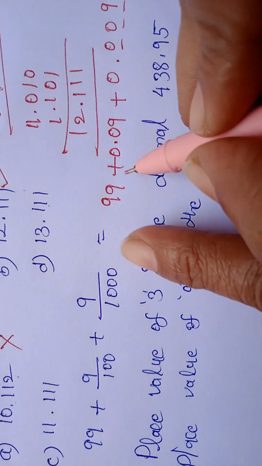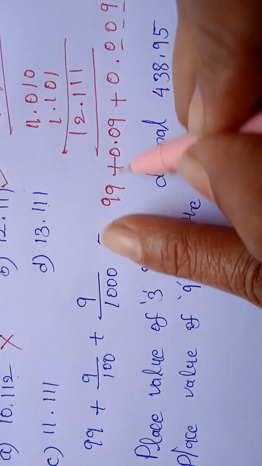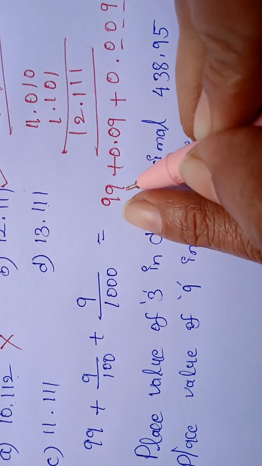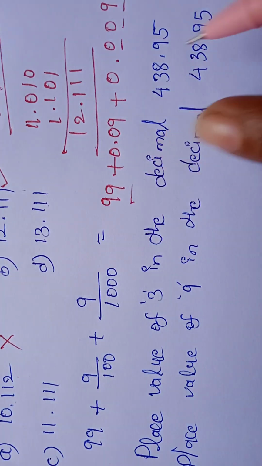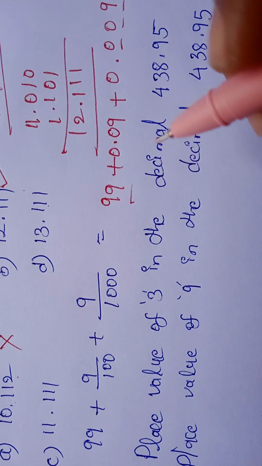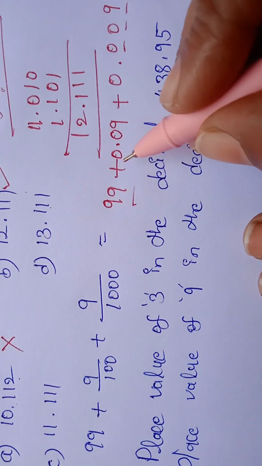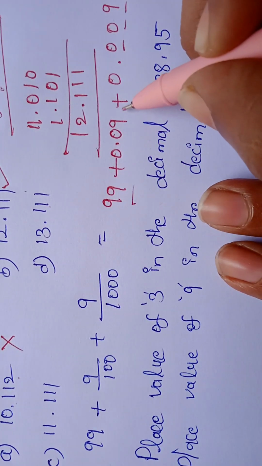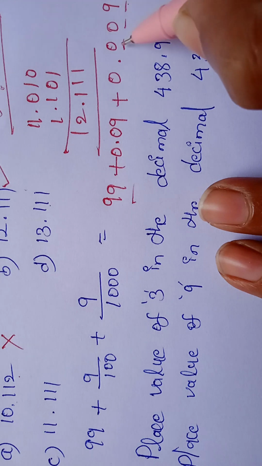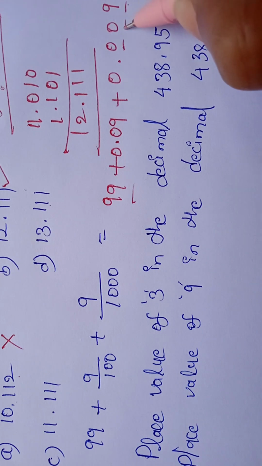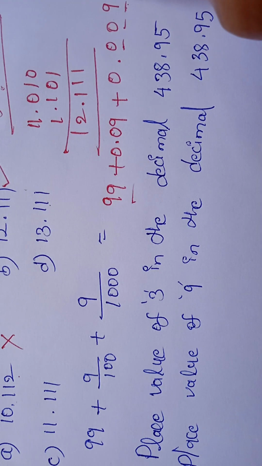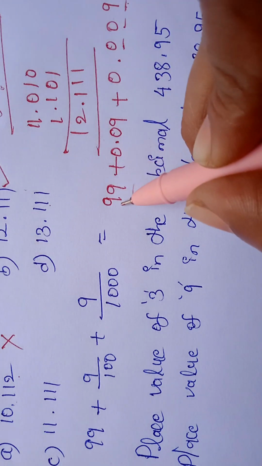So the answer, simply we can write, is above the 99 only. Simply we can write the answer in the tens place, 100 place, 1000 place. In the thousands place there is no number.